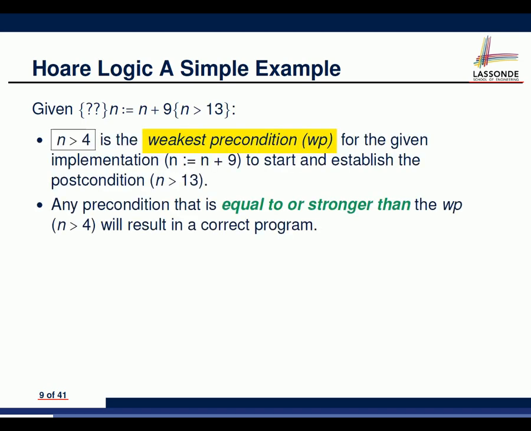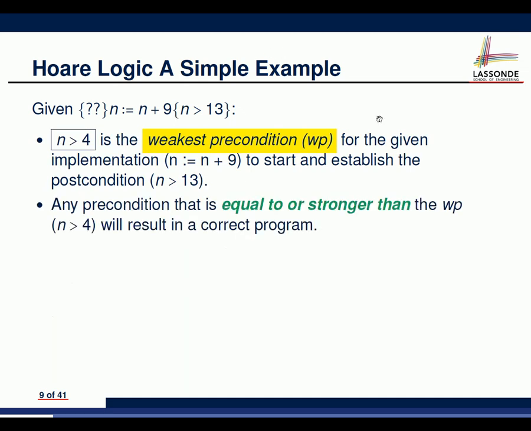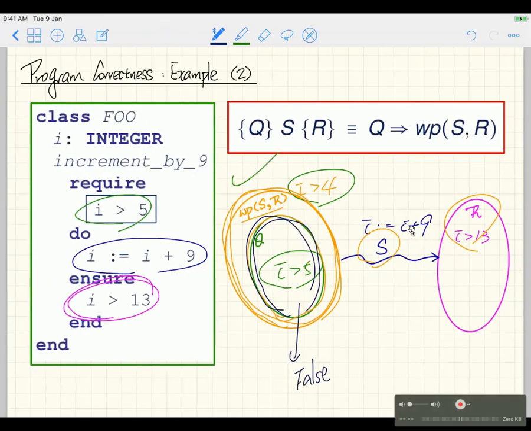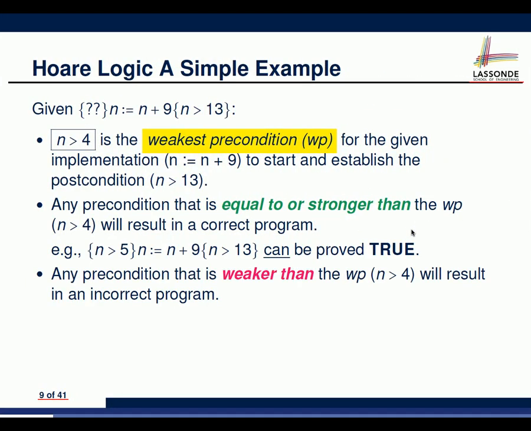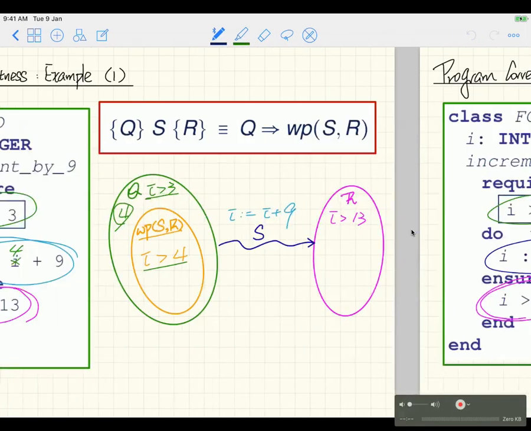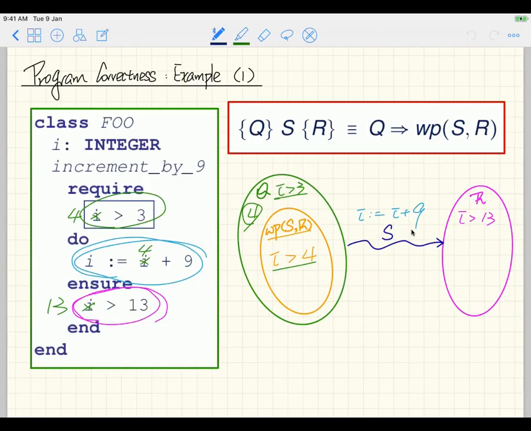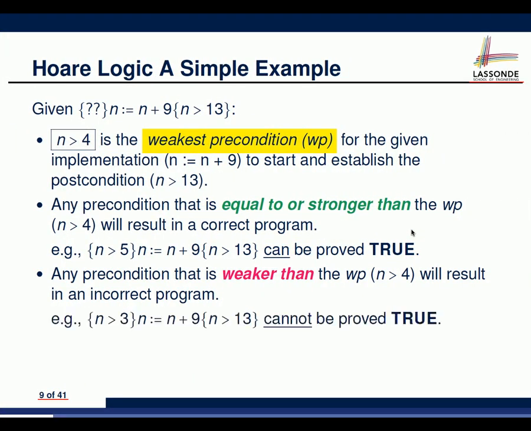If you consider the two examples, you will see that a precondition that is equal to or stronger than the WP will result in a correct program, right? That's basically this case over here. On the other hand, if you got a precondition that's weaker than the weakest precondition, that would be this case. So that means the program is not correct, okay? So these are the two cases that we just talked about. So we can go over the slides.